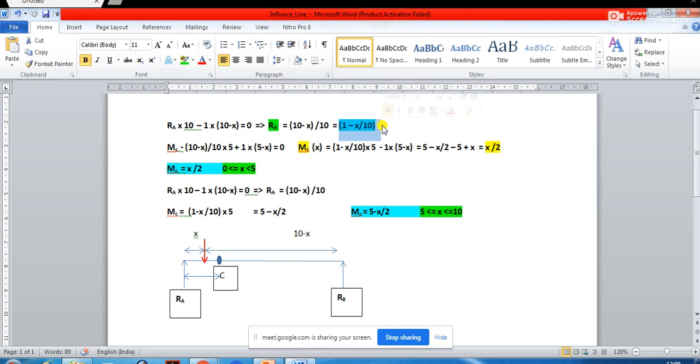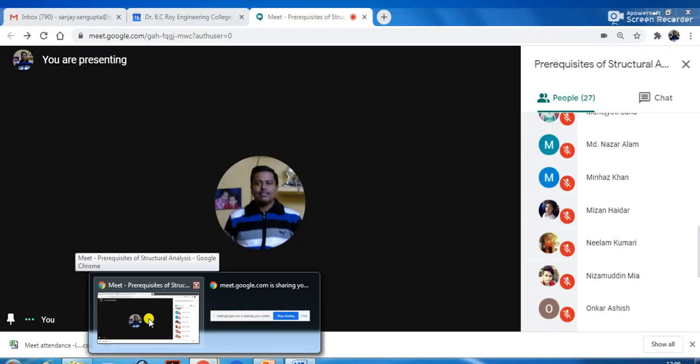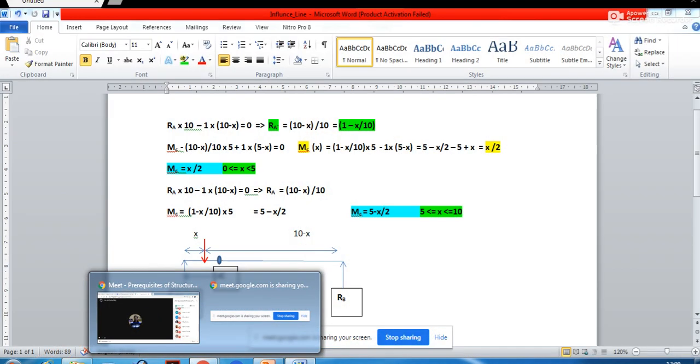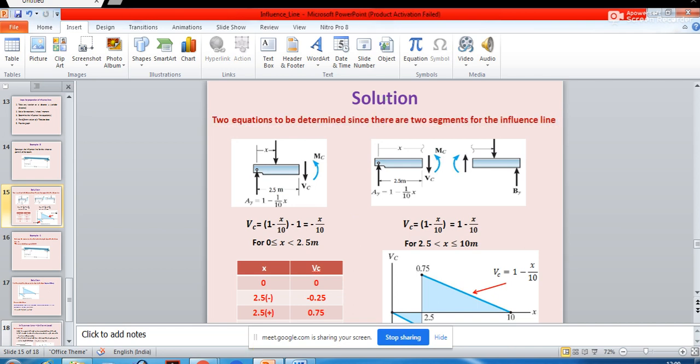Ra is equal to 1 minus x by 10. Will it be or not? Tell me. Is there any confusion? No, sir. No. Okay. If you have confusion, please ask.